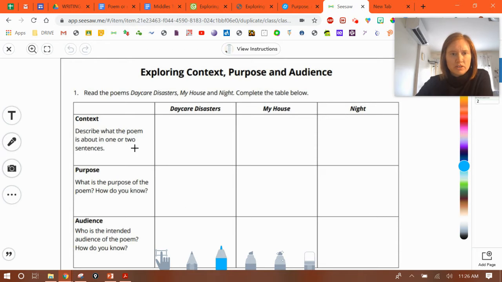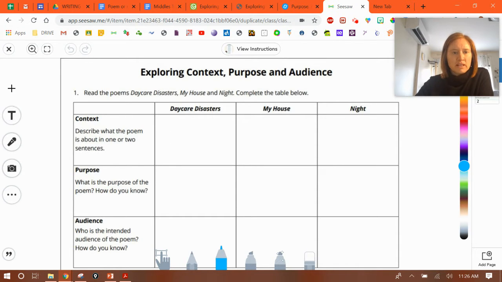So we're doing Daycare Disasters. I'm going to explain the context of the poem, describing what the poem is about in one or two sentences. I'm going to talk about what I think the purpose of the poem is, and the audience, so who I think this poem has been written for.